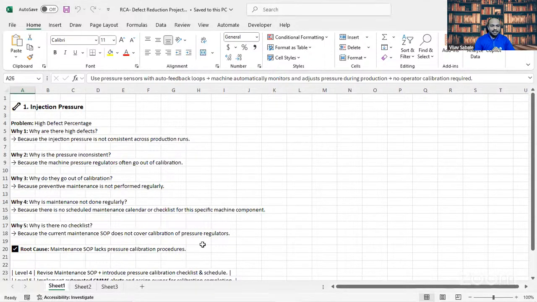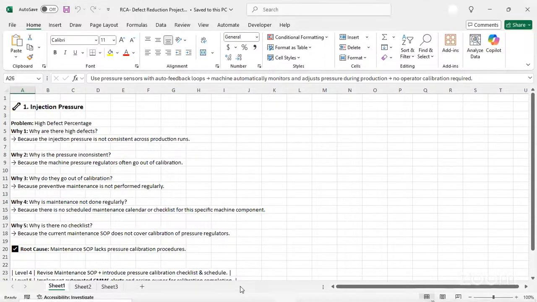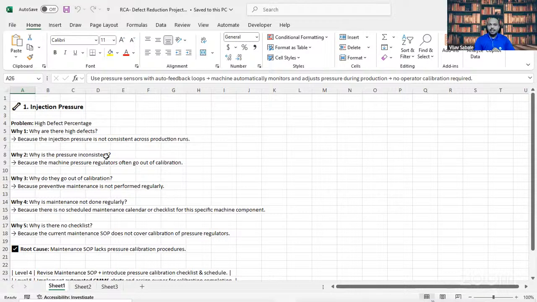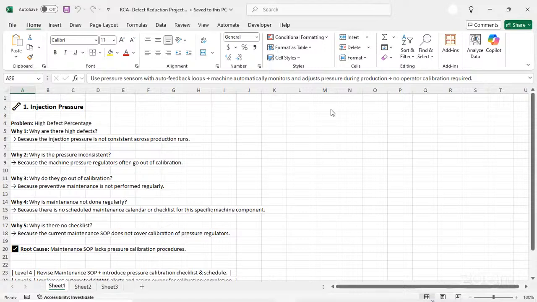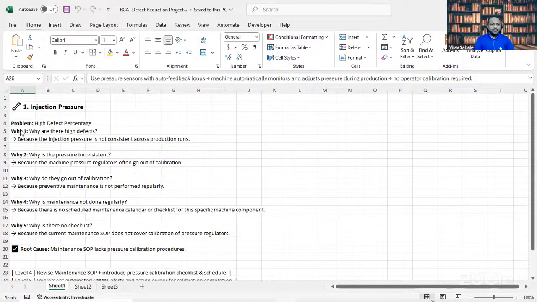Now, can you see it? Yeah, I'm seeing the injection pressure spreadsheet. Okay, so I'm going to share this now. Look at here. Is it readable to you? Yes, sir.